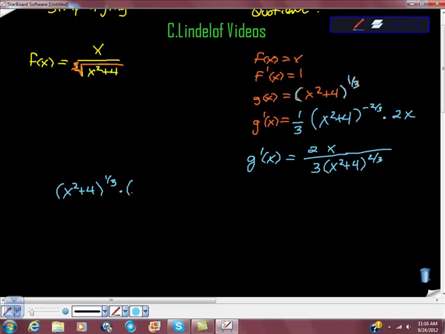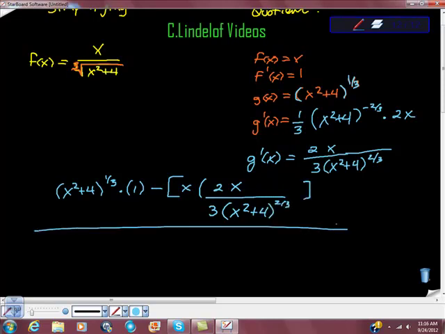Times f prime at x, which is just 1, minus f of x, which is x, times the derivative, 2x over 3 times (x squared plus 4) to the 2/3 power, all over g of x squared. So we have (x squared plus 4) to the 1/3, and we multiply that by 2 because we're going to square that to the 2/3 power.